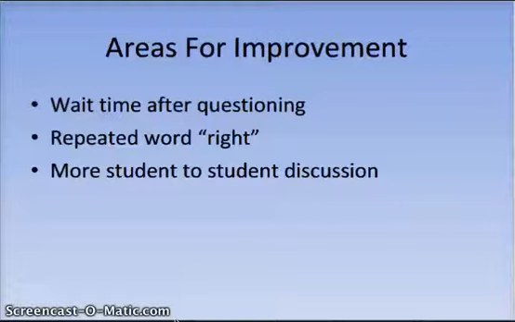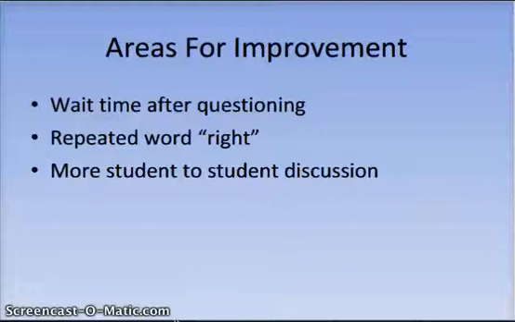If I asked a question and waited 7 seconds for the students to answer, it would help them think about it longer, and they would come up with the answer instead of me just giving it to them. I also saw that I repeated the word "right" a lot. After I explained something, I'd say "right."